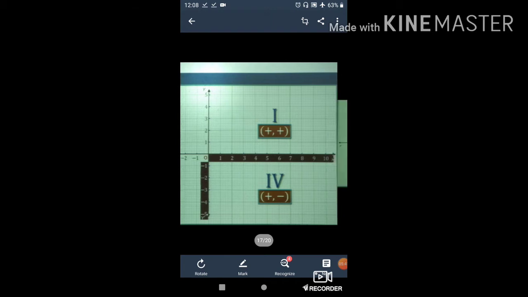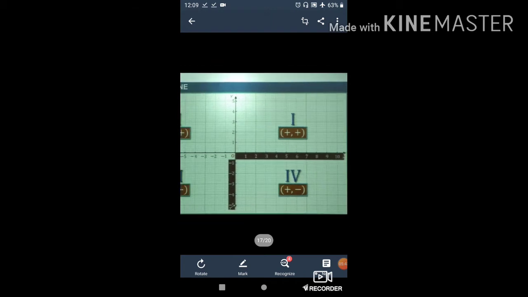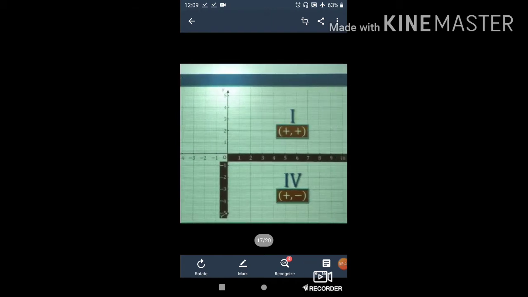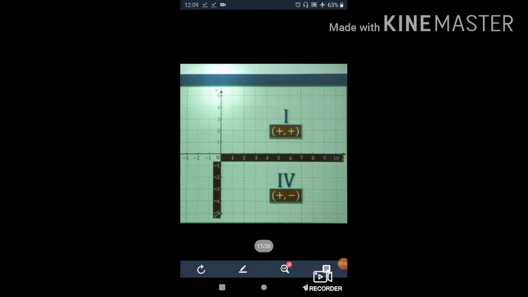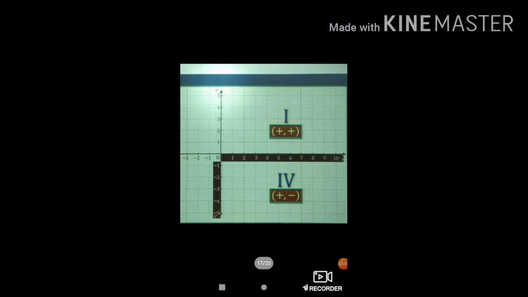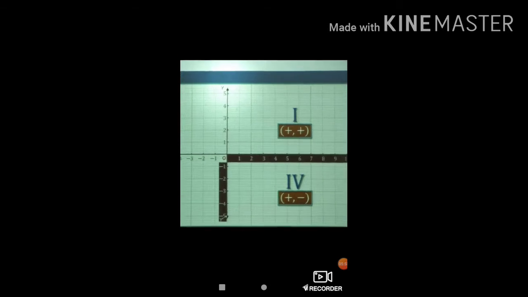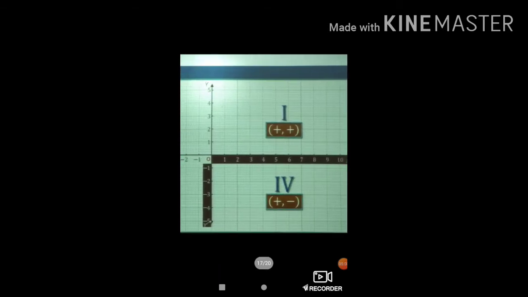As you can see here, this first quadrant is a part of Ox axis and Oy axis. Ox axis is a horizontal line and Oy is a vertical line. Whatever digits are on the Ox axis are positive: 1, 2, 3, 4, 5, 6, 7, 8, 9, 10.